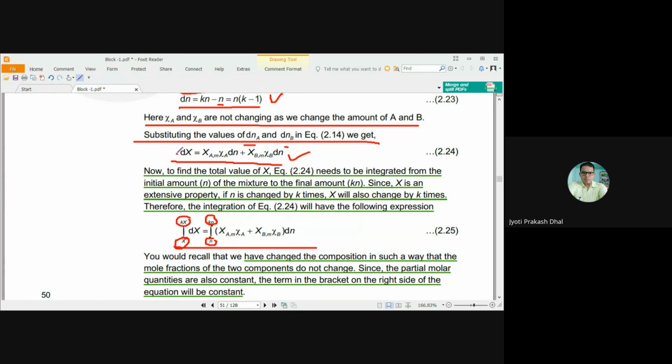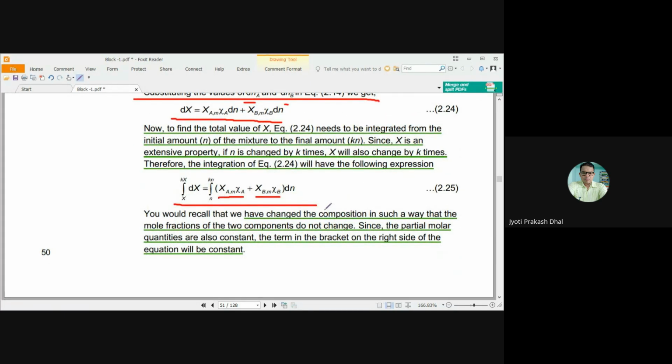So integrating this equation, we can write the integration of dX from X to kX equals the integration of (X_A-bar Chi A plus X_B-bar Chi B) dN from n to kn. So this is equation 2.25.